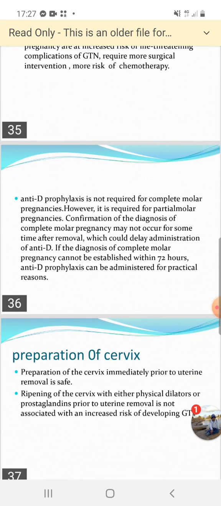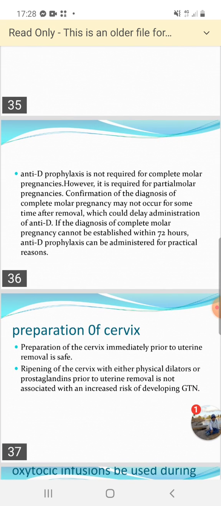Now, NTD prophylaxis is not required for the complete mole because there are no fetal cells. However, it is required for partial molar pregnancies. And confirmation of the diagnosis of complete molar pregnancy may not occur until some time after the removal, which could delay the administration of NTD. NTD we have to give within 72 hours. We have a cut off of 17 days. Histopathology will take 10 days.